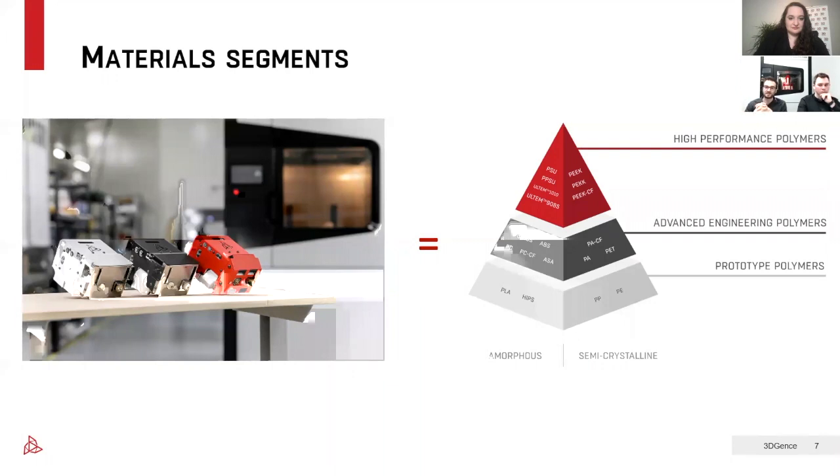Nylon, for instance, is an engineering grade semi-crystalline material, which strongly affects its rigidity, its elongation, its tensile strength, while polycarbonate is an engineering grade material that is amorphous, and it's actually unable to create those orderly structures in its mass.